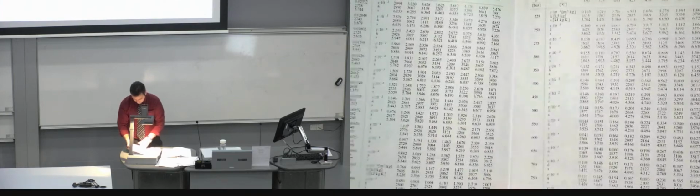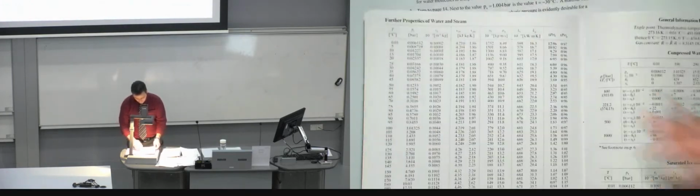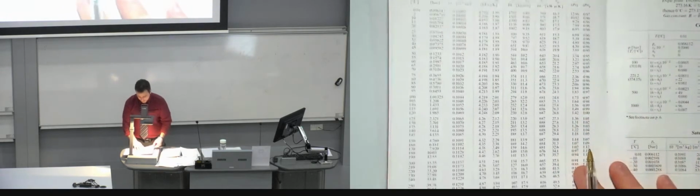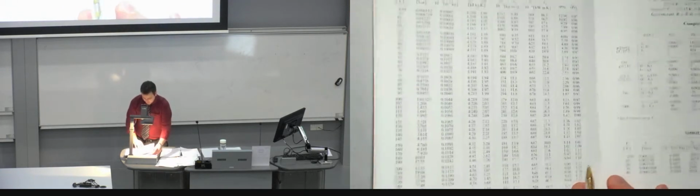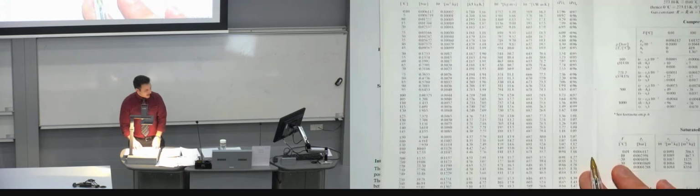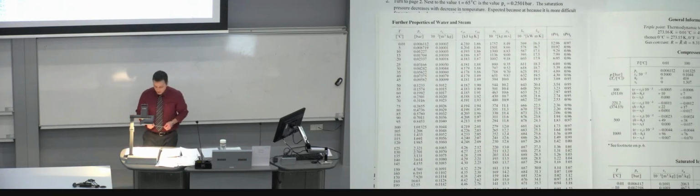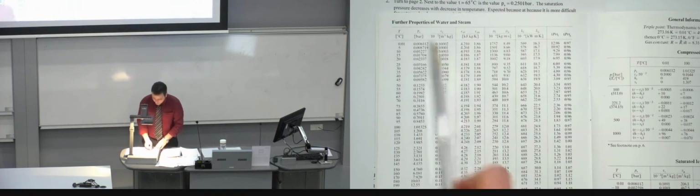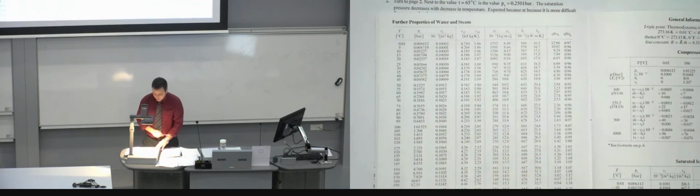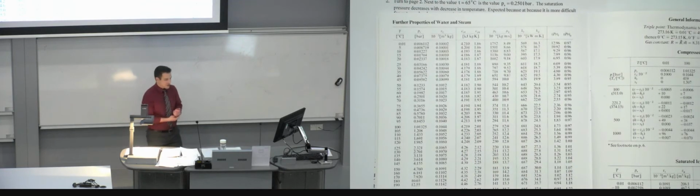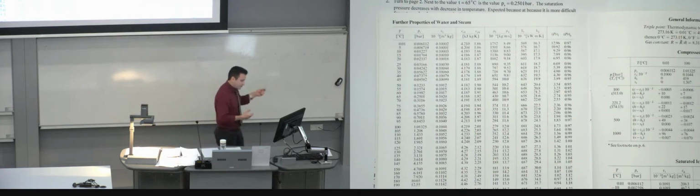If you go to page 10, this is the last page where you still have H2O, and it says further properties of water and steam. If you start looking at some of the values given, these are quite different to what you had previously.